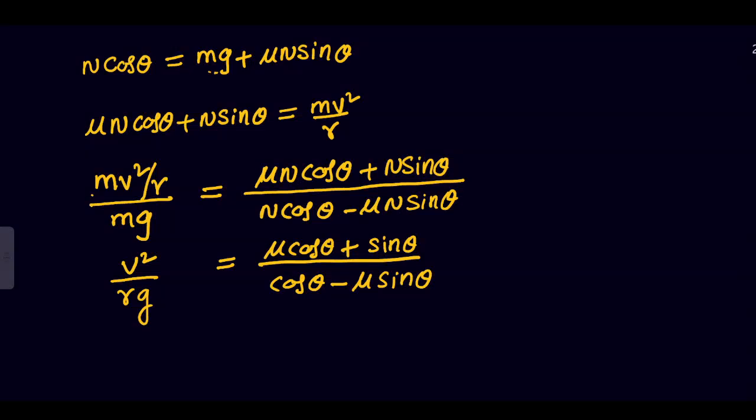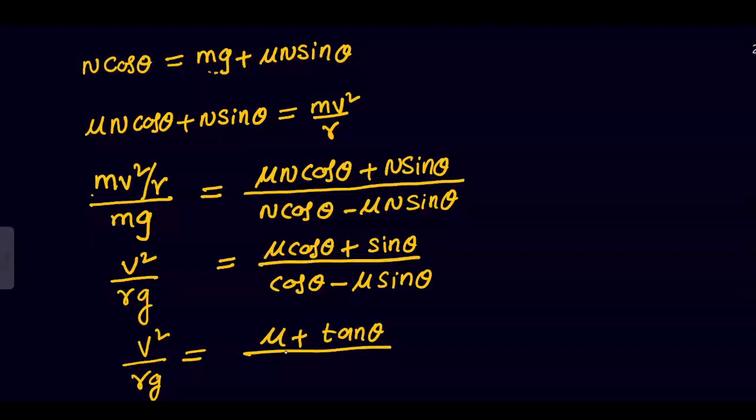Now we'll divide the numerator and denominator by cos theta. Then v square by Rg will come as mu plus tan theta by 1 minus mu tan theta.